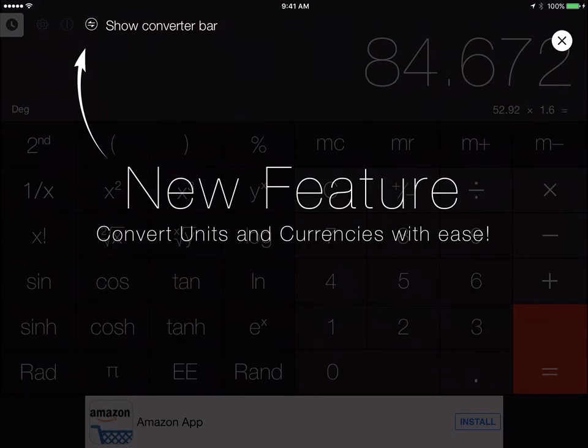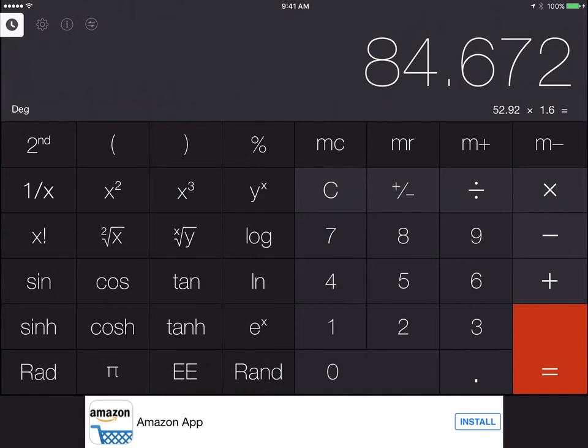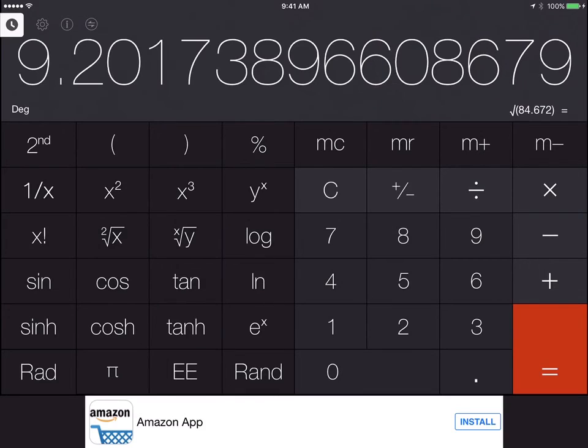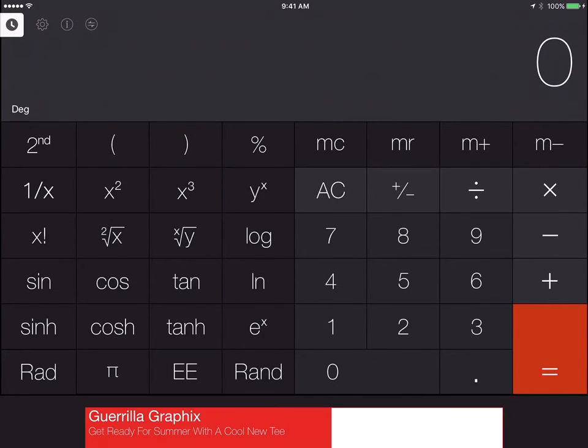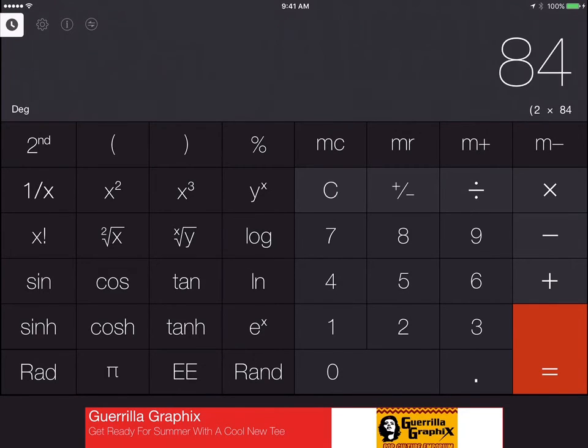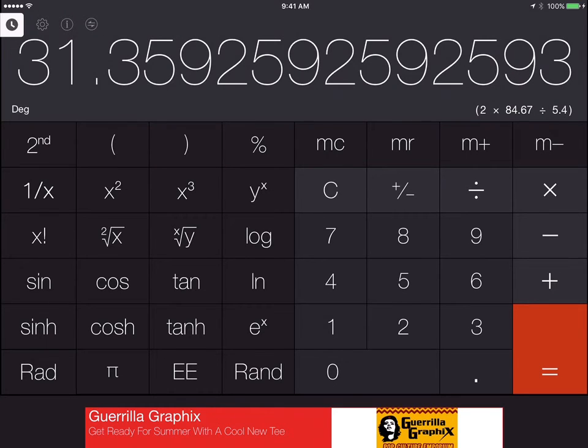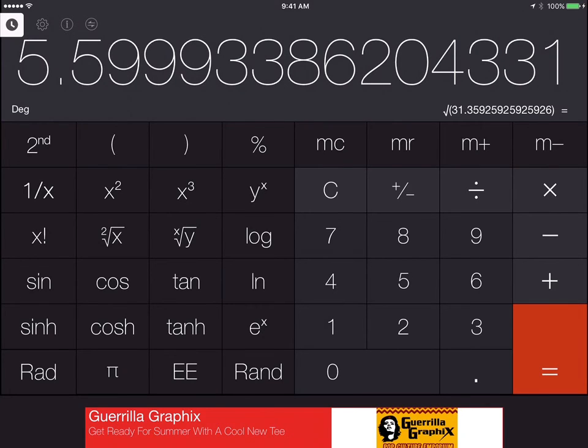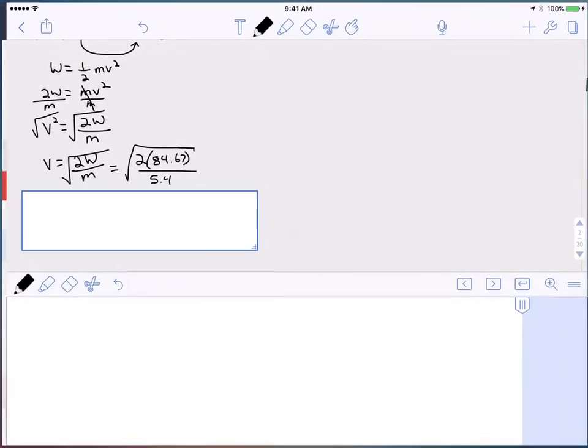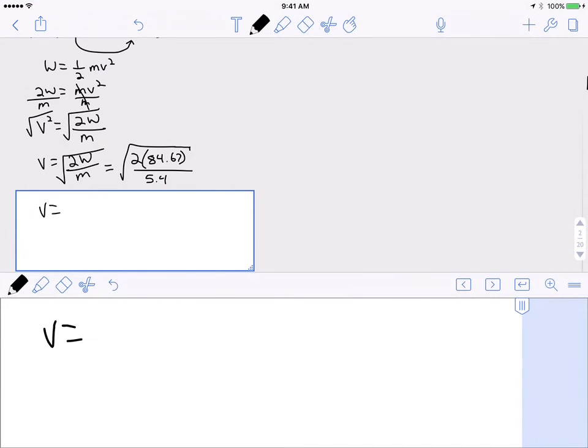So let's see here. 5.56. Velocity is equal to 5.56 or 5.6.